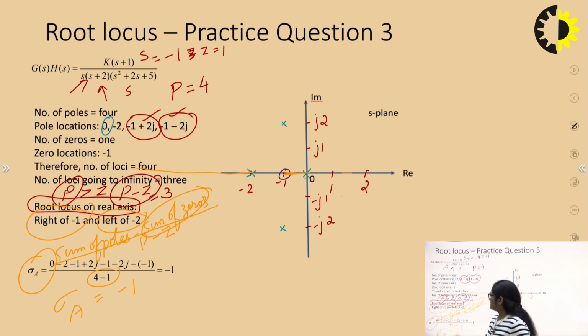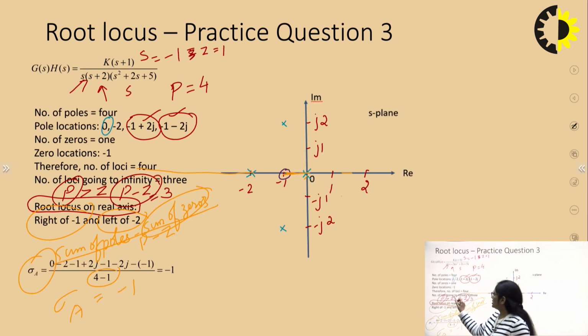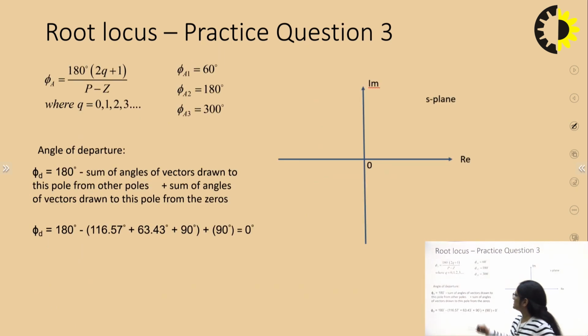Now, to find the angle of asymptotes, the formula is phi a is equal to 180 degree into 2q plus 1 divided by p minus z. Since there are 3 loci which will be going to infinity, we first substitute q is equal to 0.